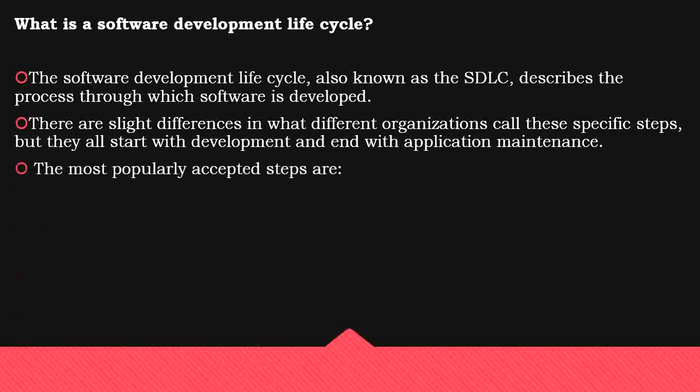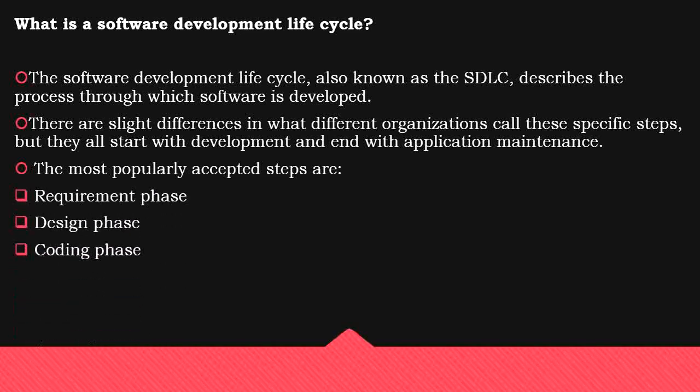The most popularly accepted steps are requirement phase, design phase, coding phase, testing phase, deployment phase, and finally maintenance. So, I have already made a video on software development life cycle.